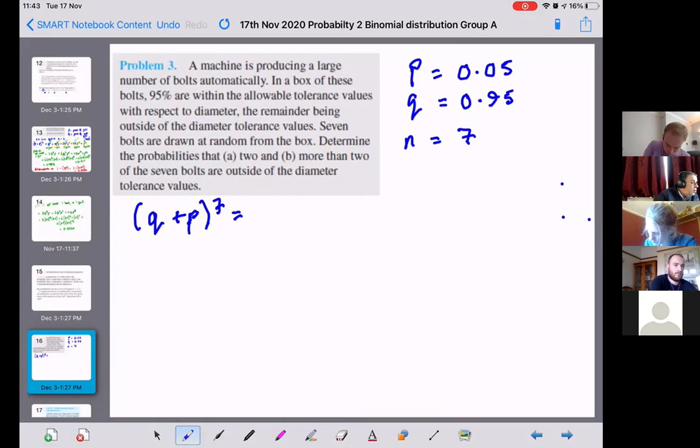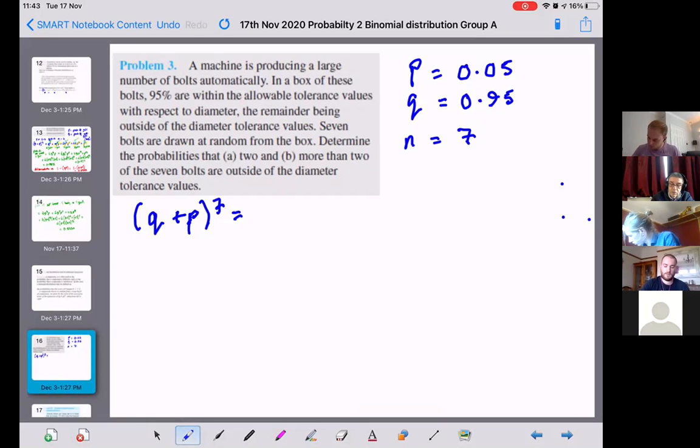Seventh line, I've got 1, 7, 21, 35, 35, 21, 7, and 1. Does everyone agree with that? We expanded that earlier.